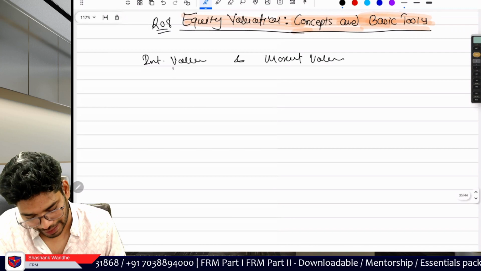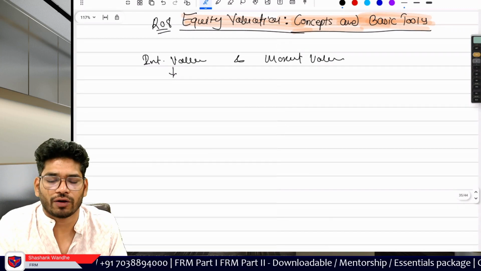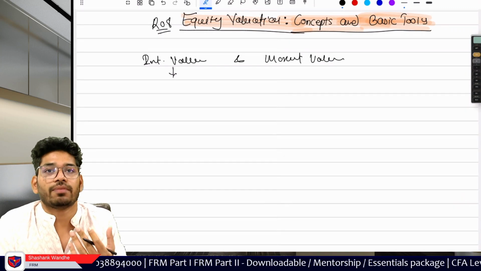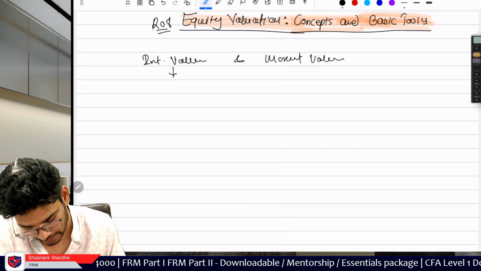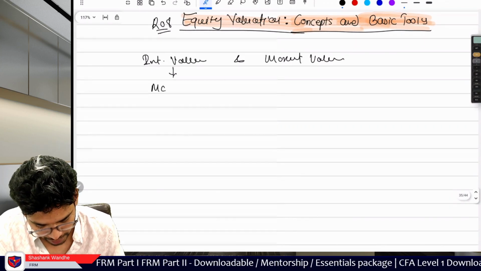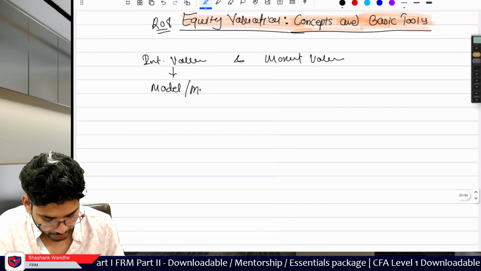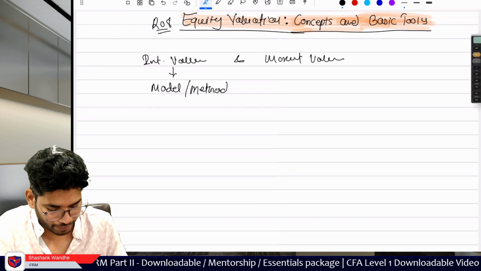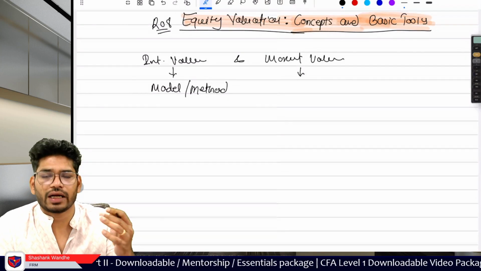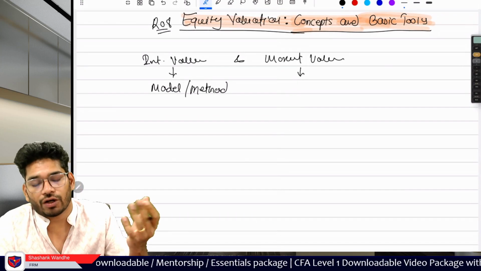Now, this intrinsic value is the fundamental value of the company. Intrinsic value is based on some model or method. And market value, for any public company, is the market value of the company, right?